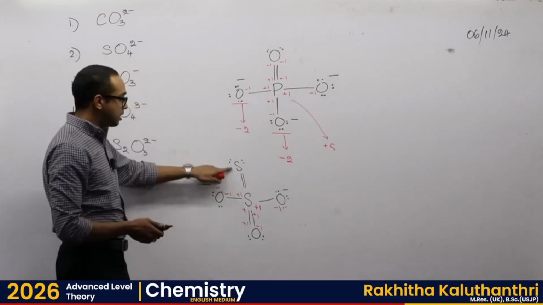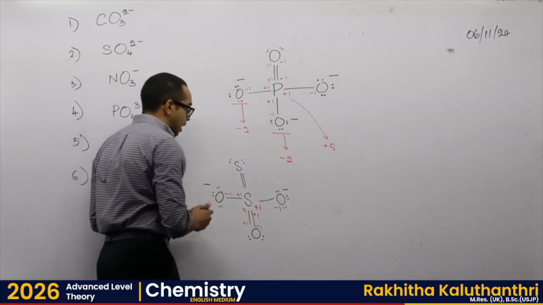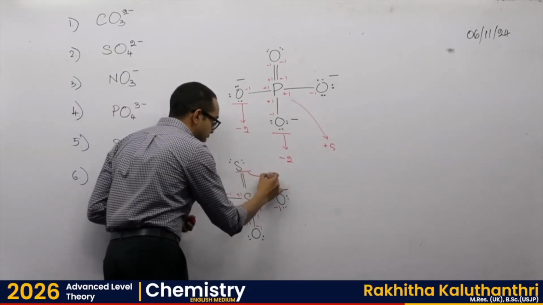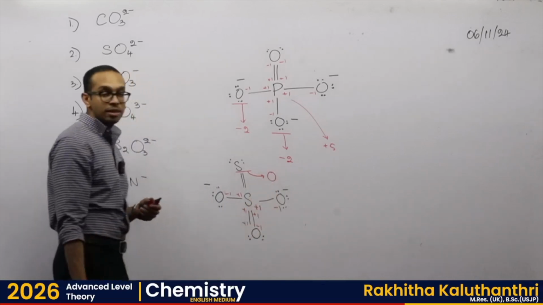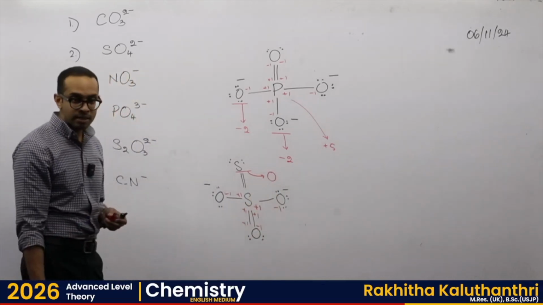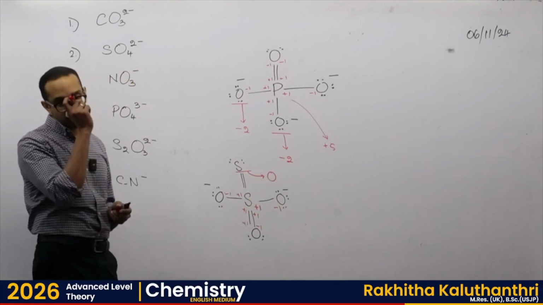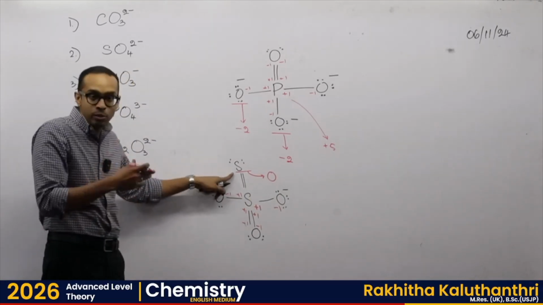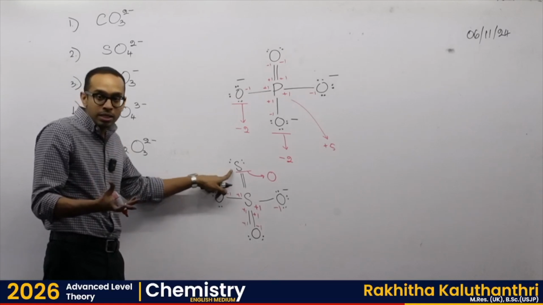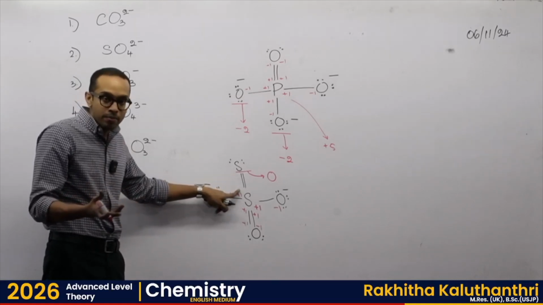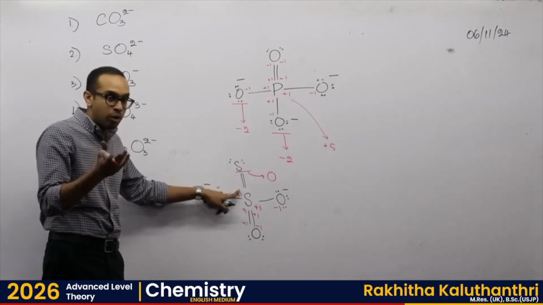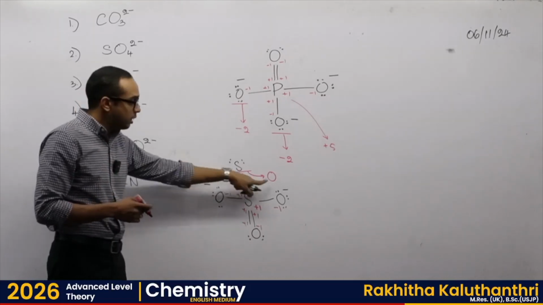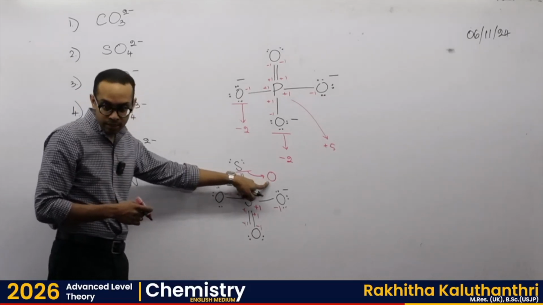So that means this sulfur is at 0 oxidation state. It does not have positive or negative oxidation state. It's 0 because it is not gaining electrons or losing electrons. It is only connected to another sulfur atom which does not have a higher or lower electronegativity. So we consider this to be 0 in oxidation state.